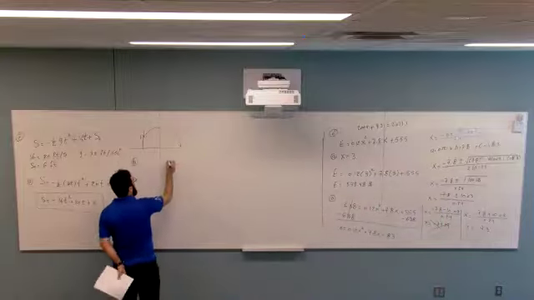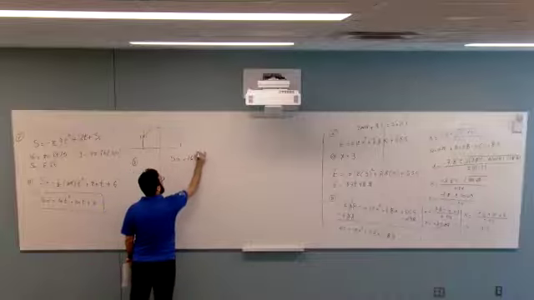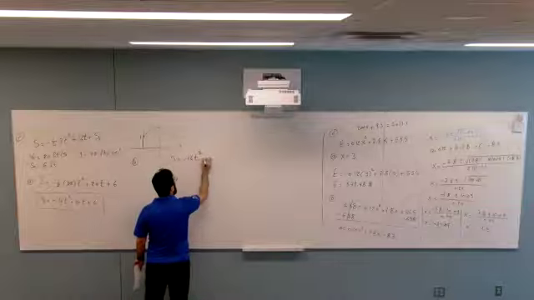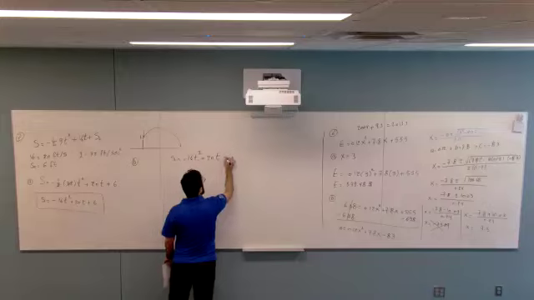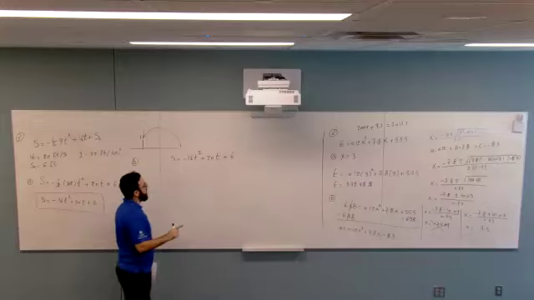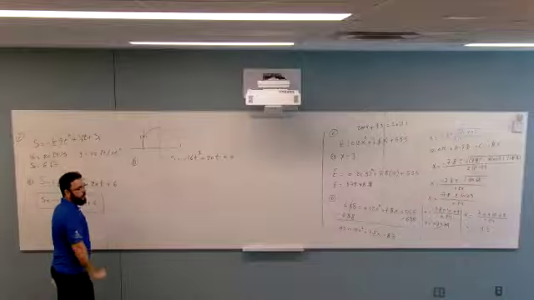I'm going to write down the same model, which is S equals negative 16t squared plus 20t plus 6. I'm going to ask you, what does S refer to?